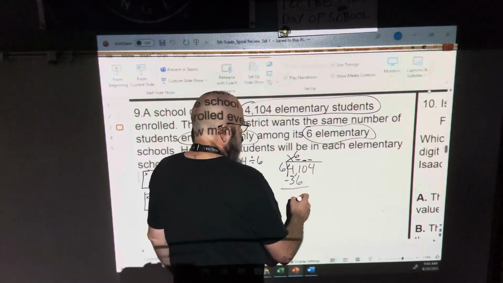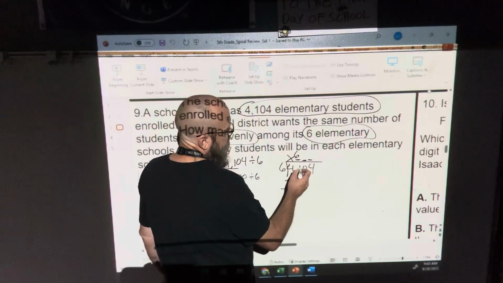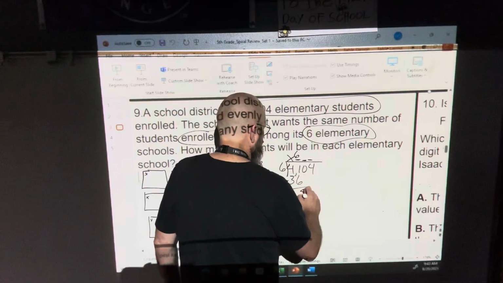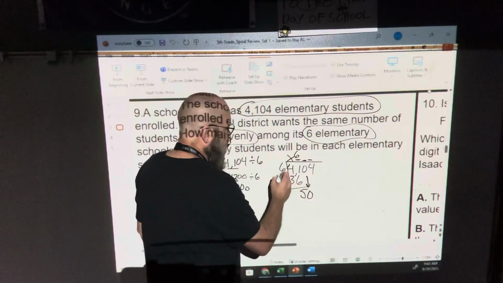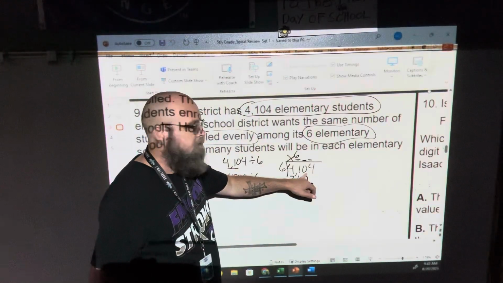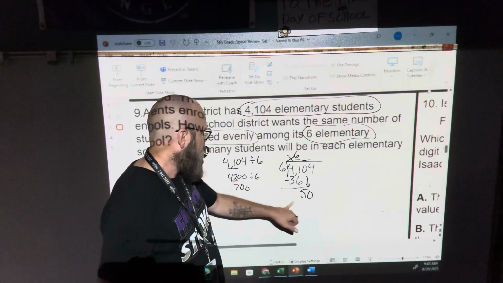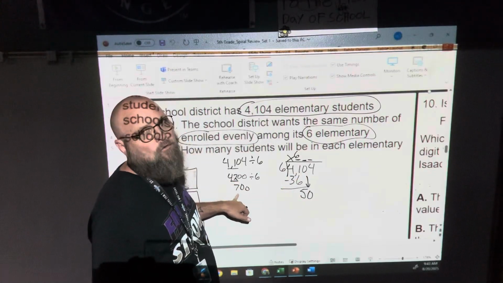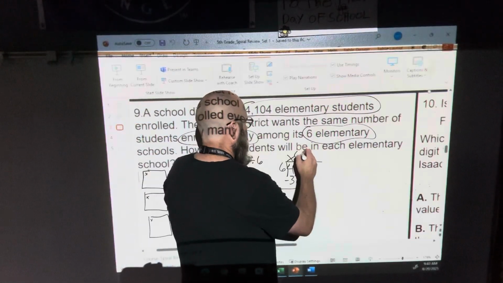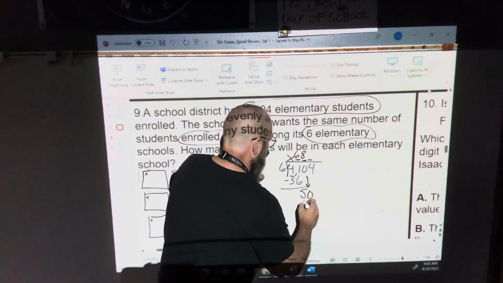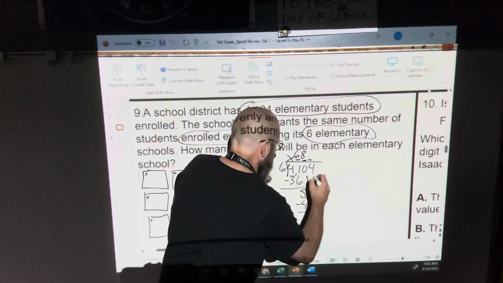41 minus 36 is, let's see, 40, so that's 4, 5. I bring down the 0. Now I'm taking it into the tens place. So 6 goes into 50. Well, 7 times is 42, so 8 times is 48. So 6 times 8 is 48. Subtract, I get 2.